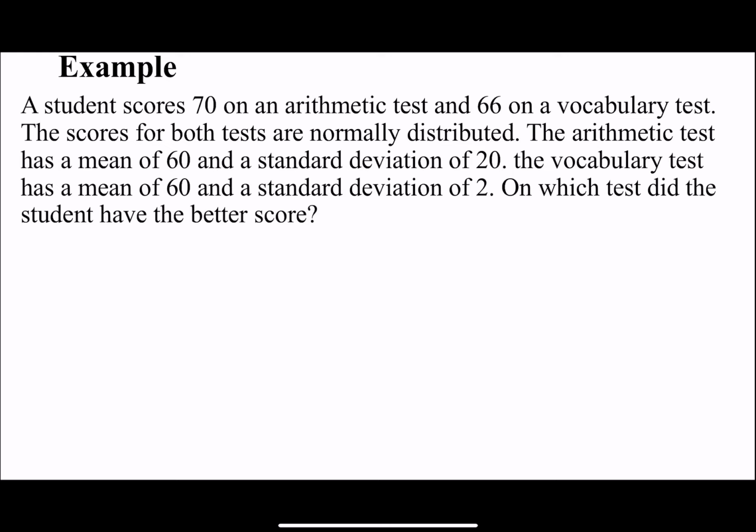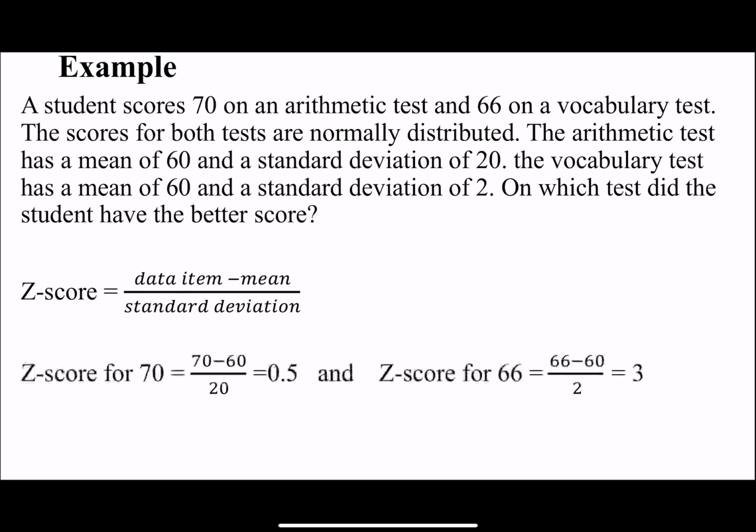On which test does the student have a better score in comparison with the whole class, in relation to the mean value? So we find the z-score for each one. Z-score for 70 for the arithmetic.